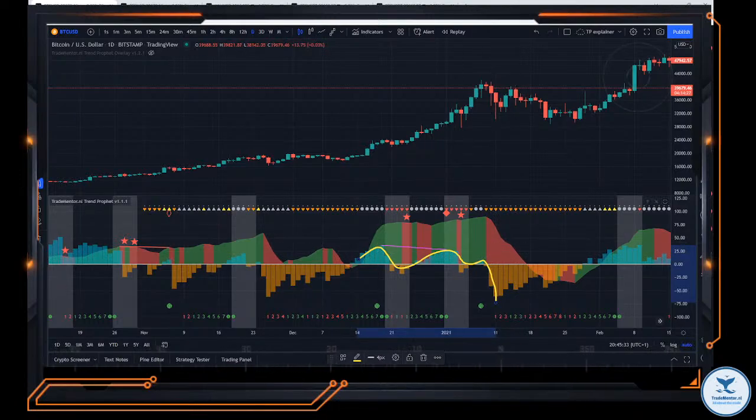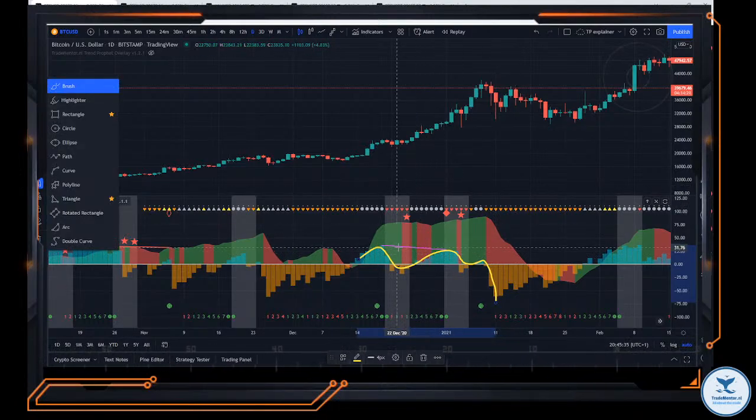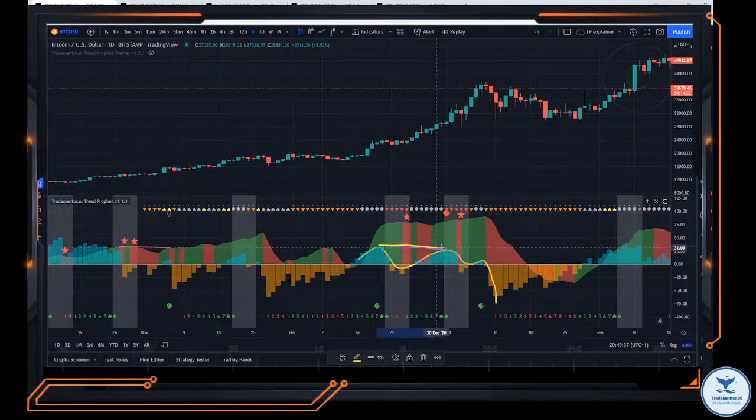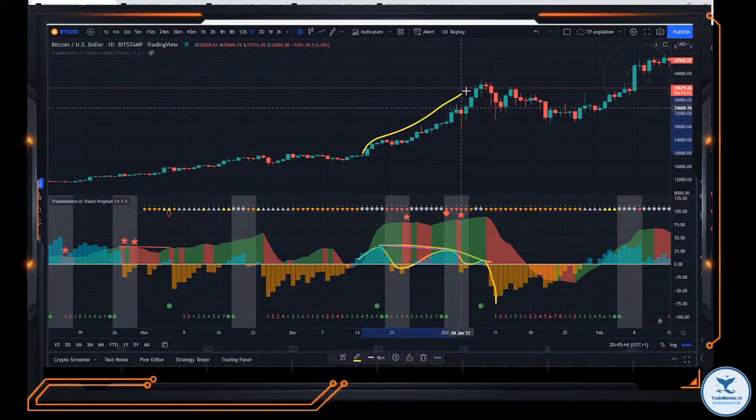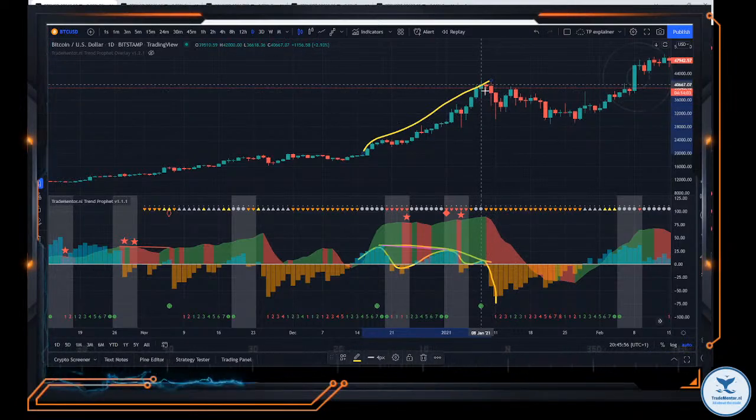Not all divergences are detected, but you see the divergence here. You have 3 lower highs on the relative strength delta, while you have higher highs on the price, and that's an indication that this uptrend is weakening, and voila, it was the big pullback of January last year.